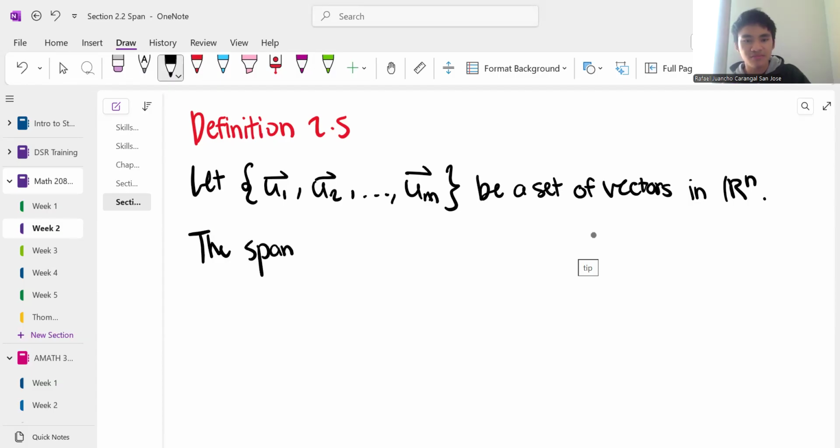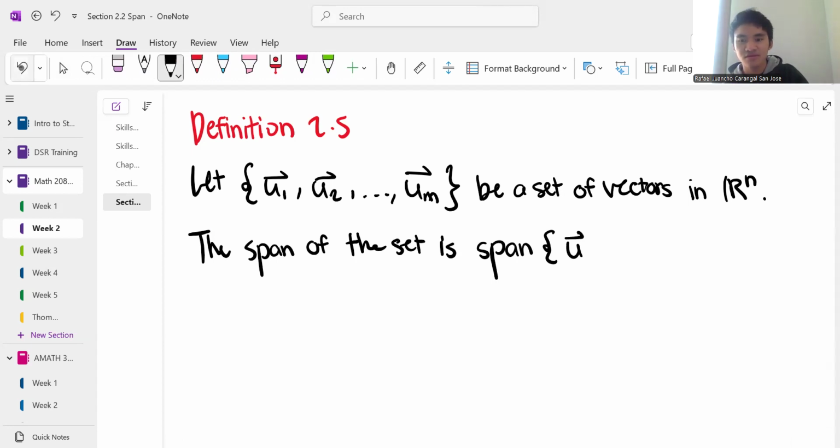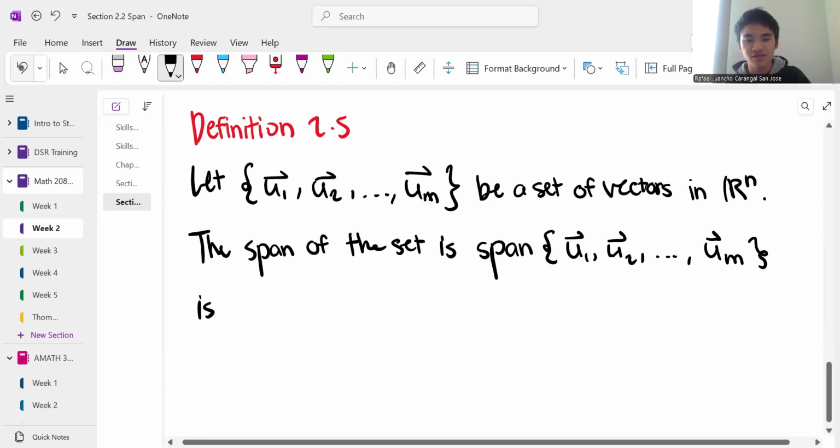The span of the set, so we denote it as this, the span of the set, right? And the span of the set, that's how we write it. It's actually the set of all linear combinations.